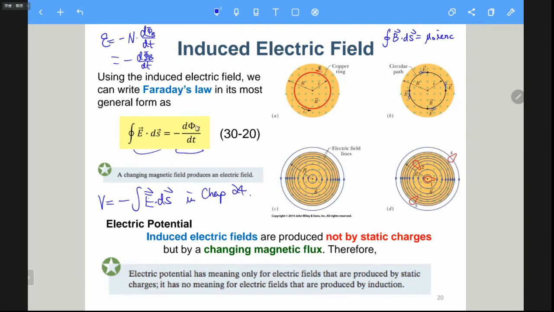We have some magnetic flux that is changing. Then after going through a loop, this EMF is not 0 anymore. Which means that if you have a loop here and you try to change the magnetic flux going through this loop, then there will be a current going through it.